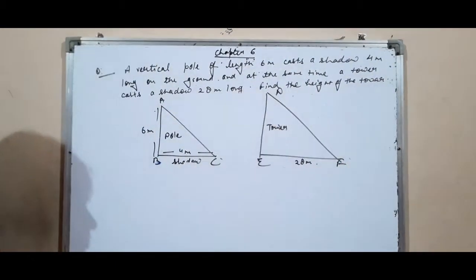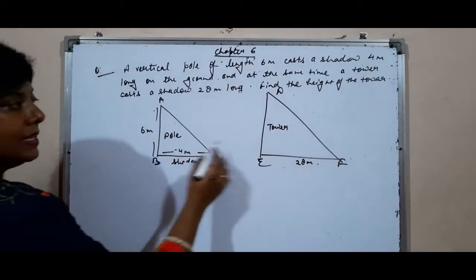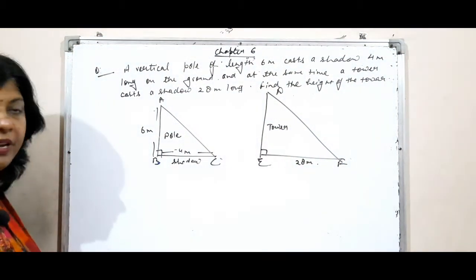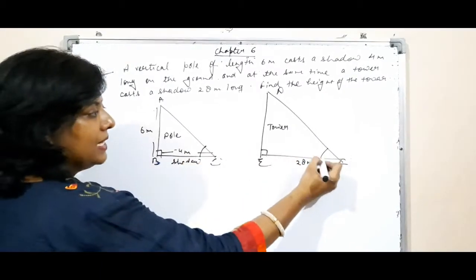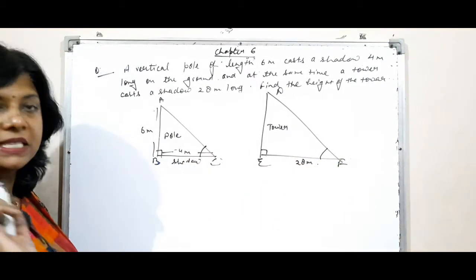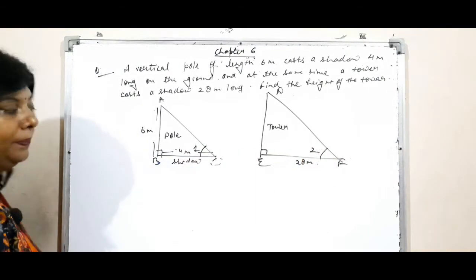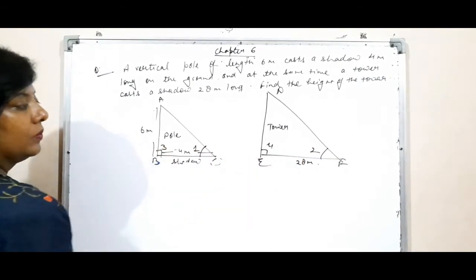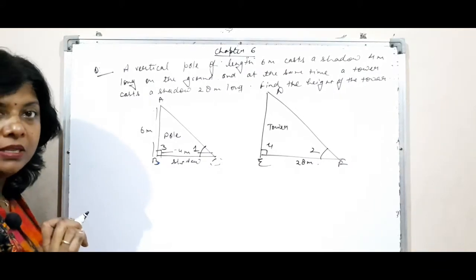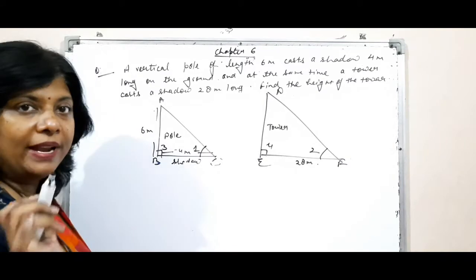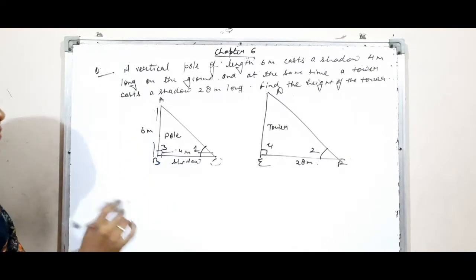Can you prove that these two triangles are similar? देखो, these two angles are of 90 degree and inclination of the sun at the same time is same. So these two angles are also same. Therefore, these two triangles are similar. When these two triangles are similar, their corresponding sides are in a proportion.